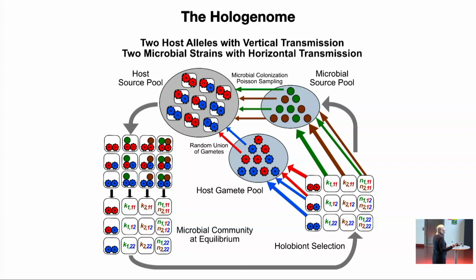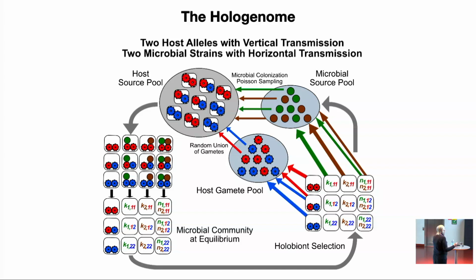What's interesting here is that there are two inheritance processes going on simultaneously. For the nuclear part, we're getting random union of gametes in the usual Hardy-Weinberg sense. And for the microbial part, we're getting independent colonization by Poisson sampling of these two algal types. So they're going on simultaneously and in parallel. That's how you construct the hologenotypes initially.